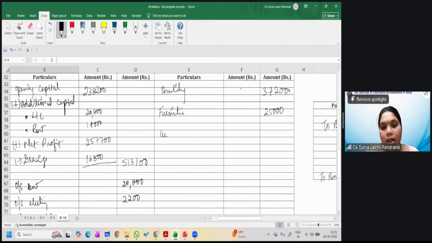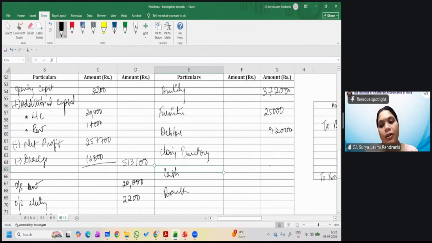Now, along with this, you'll have debtors, 92,000. Then you'll have closing inventory also, 1,90,000. Yes, ma'am. Okay, you'll have cash closing balance and bank closing balance also.